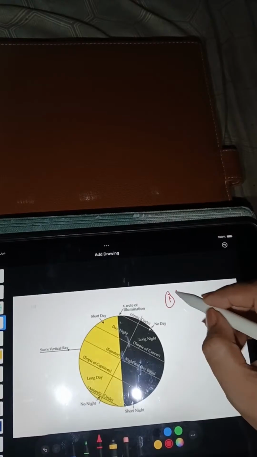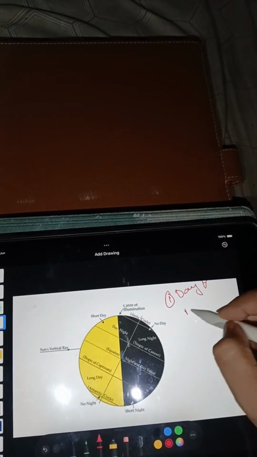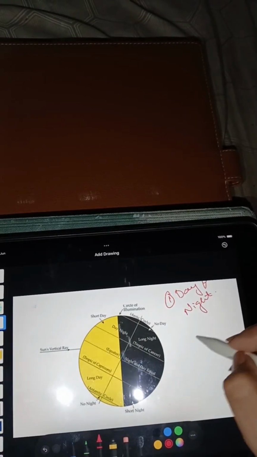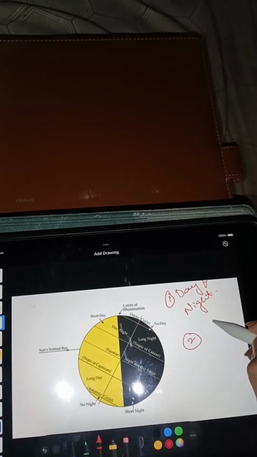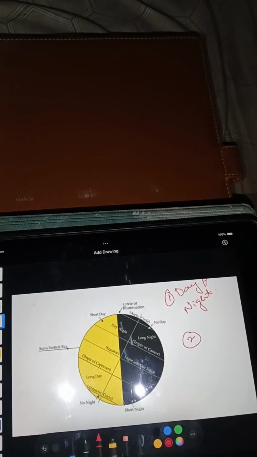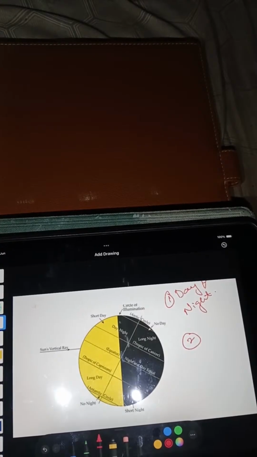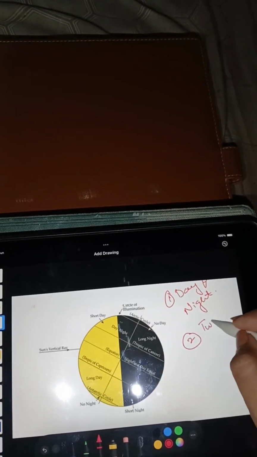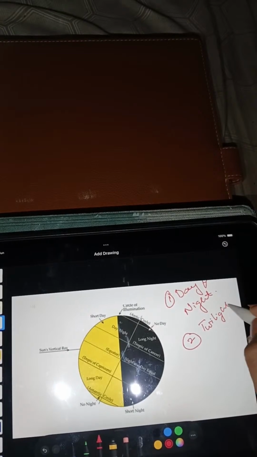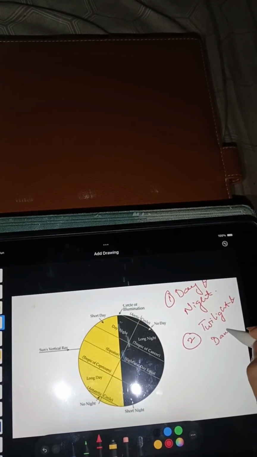So first is day and night, the causing of day and night. Next is the formation of twilight and dawn.